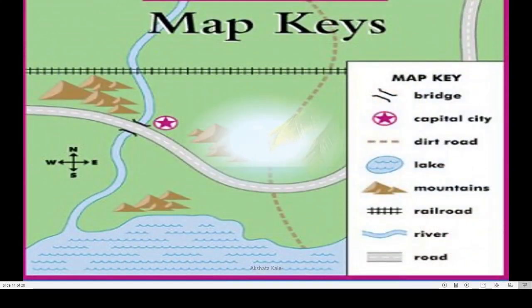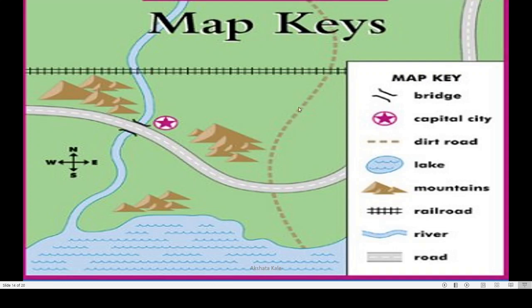Now dear children, see, this is for you, map keys. Here you can see the map and here you can see the railway track also. We can use keys like these. See here, this is a bridge. How do we use the symbol for a bridge? See here, you can see a bridge. Now this is a capital city. See the star and round. That is a capital city.